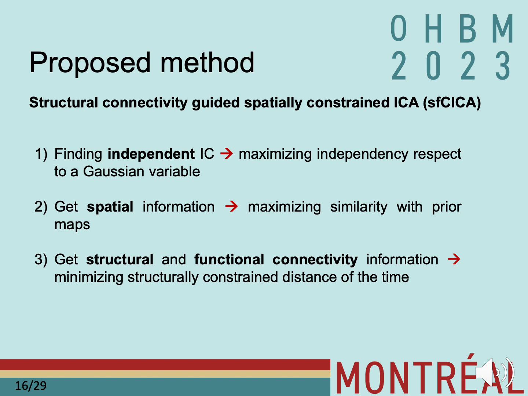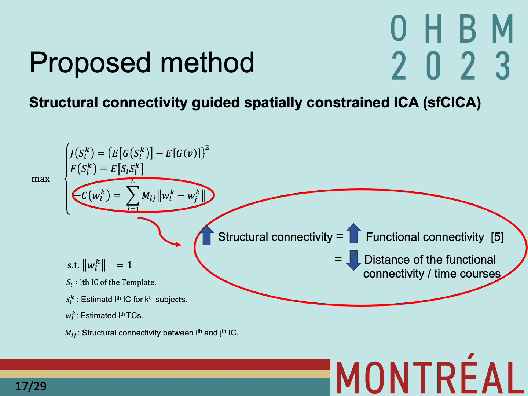And the third is guiding functional connectivity by structural connectivity weights. For this purpose, we proposed a structurally weighted constraint on the distance between time courses, which we explain in more detail in the next slide.